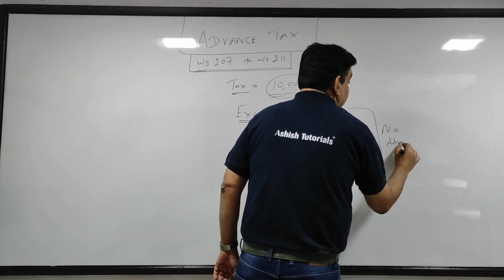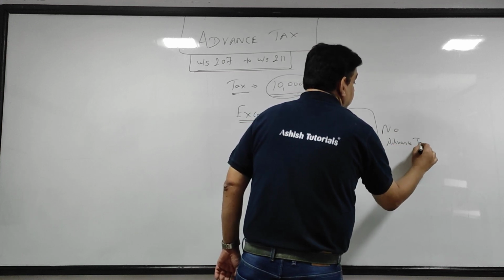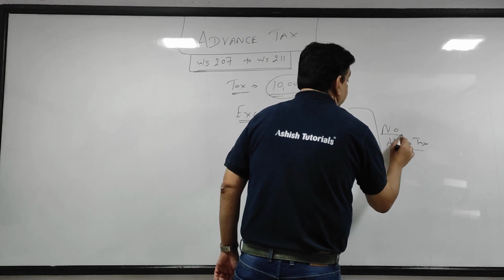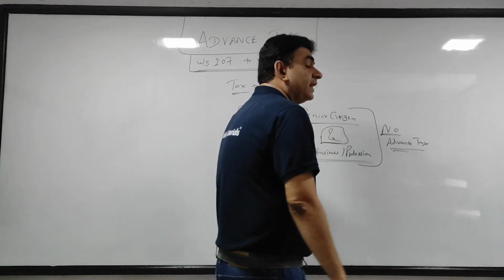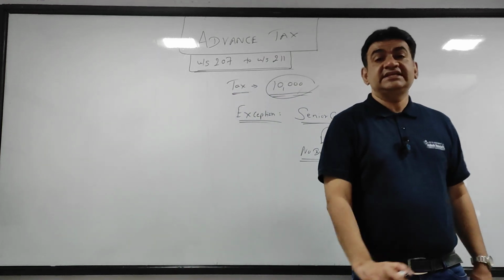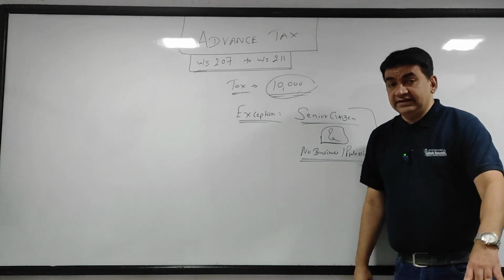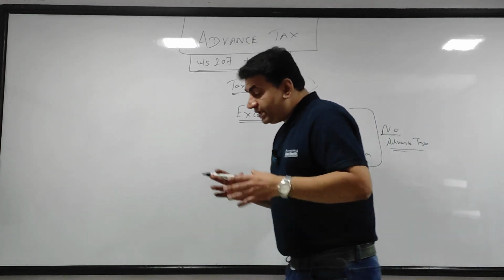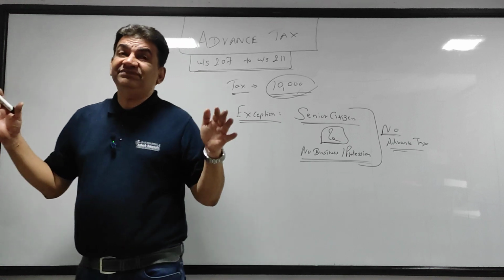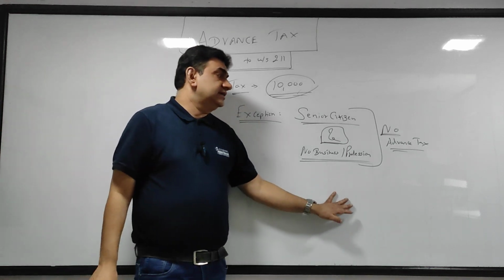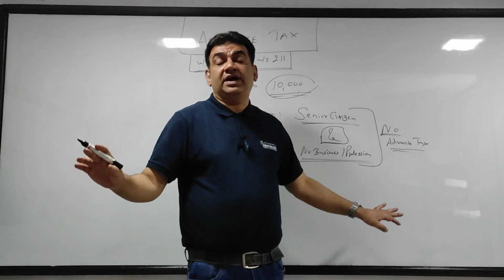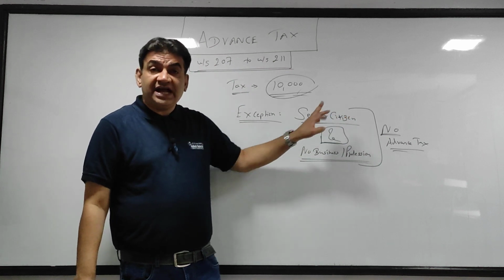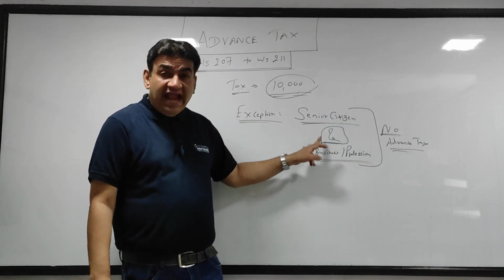In that case, there is no need to pay the tax in advance. So if you are a senior citizen and you don't have any business or professional income, then in that case you don't have to pay advance tax. This is an exception. Remember, senior citizen and.